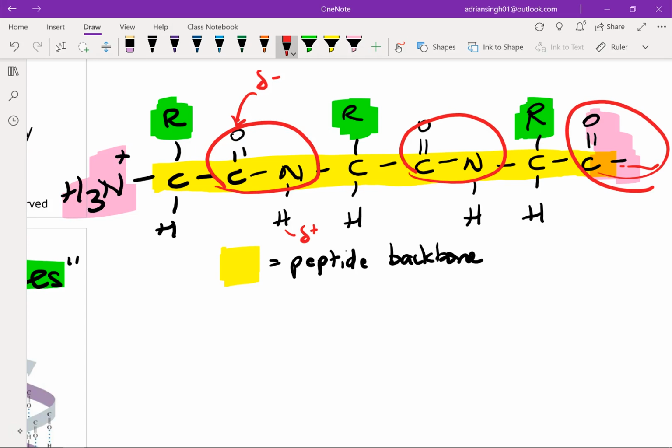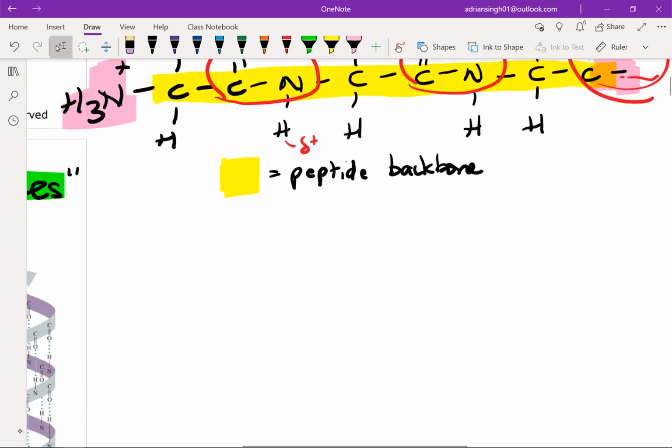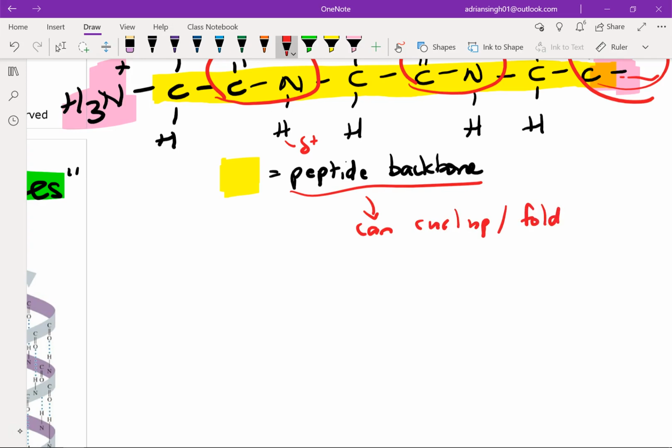So what can eventually happen is this backbone can curl up or fold up as a result of hydrogen bonding between the peptide backbone.